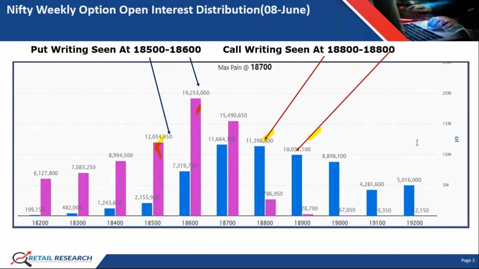So these 2 could be the reasons why the NSE has taken this move. Otherwise, it won't impact the performance of the market. There will not be a major impact on it.